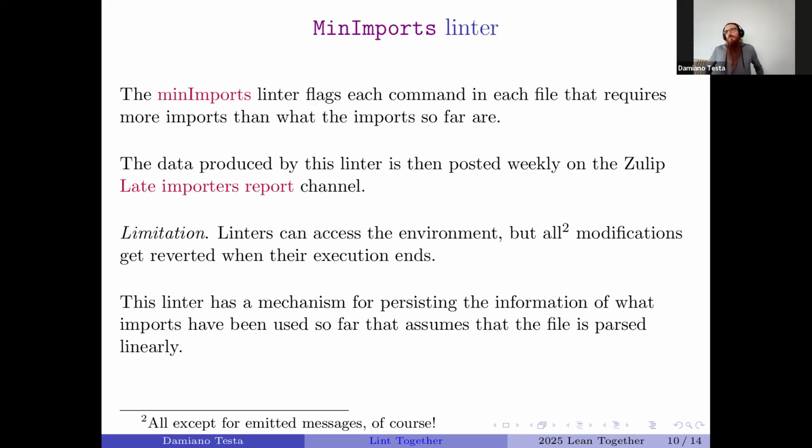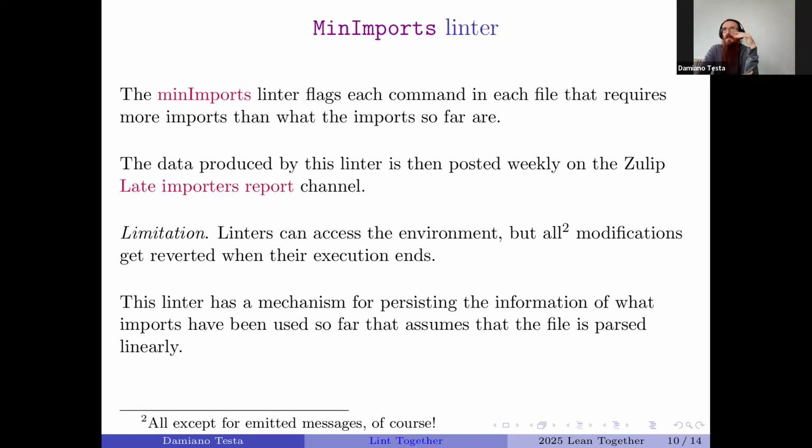Okay, so as an example, let me talk a little bit about the min imports linter, just because it's maybe a little bit different from the very initial definition that I gave, which was supposed to flag errors or bugs. The min imports linter tells you when imports have changed.